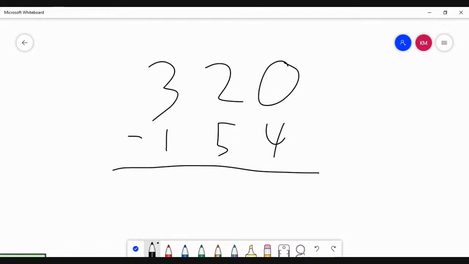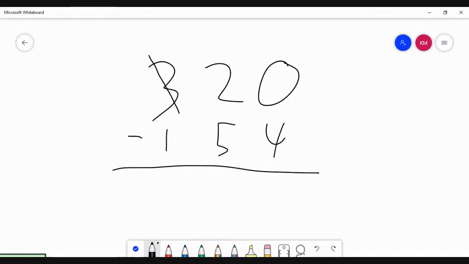Now, if you remember my rule for borrowing: take away 1, add 10. Take away 1, add 10. So, first number, because in order for you to borrow for the 0, you're going to have to start at the first number for now.